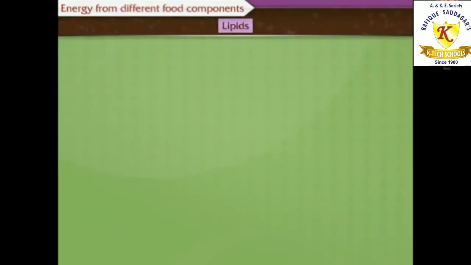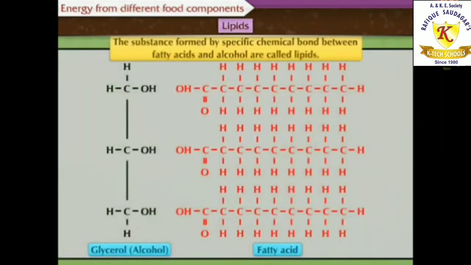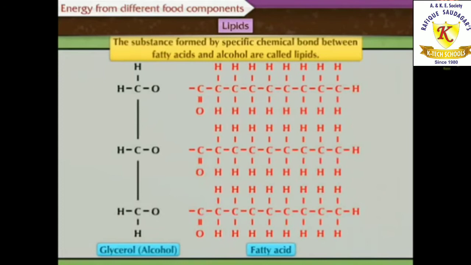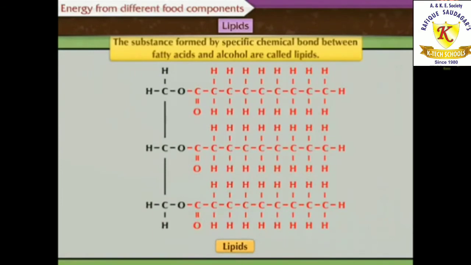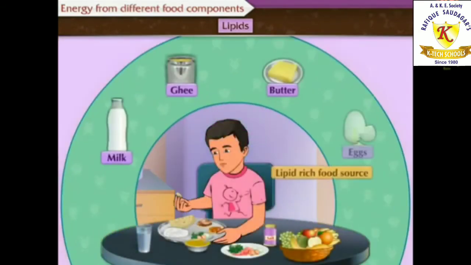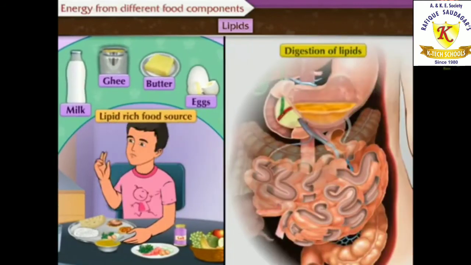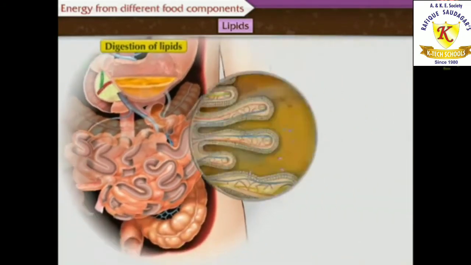So children, now we shall learn about lipids. The substance formed by specific chemical bonds between fatty acids and alcohol are called lipids. Digestion of lipids consumed by us is nothing but their conversion into fatty acids and alcohol.